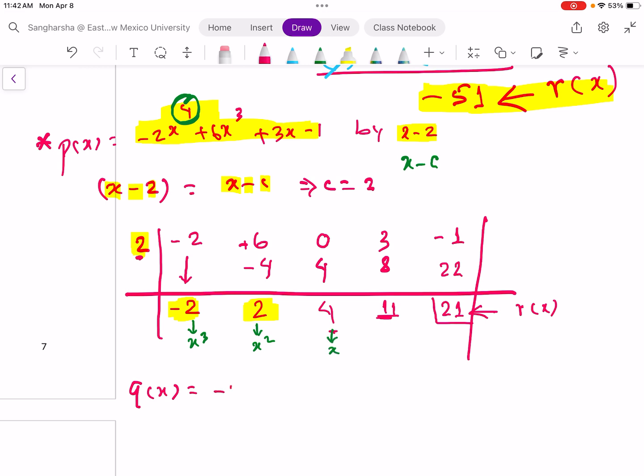So we have negative 2x cube plus 2x square plus 4x plus 11. And this is our quotient. Now, is our divisor a factor here? No, because the remainder is not 0.